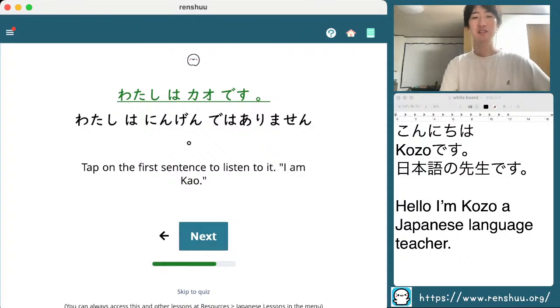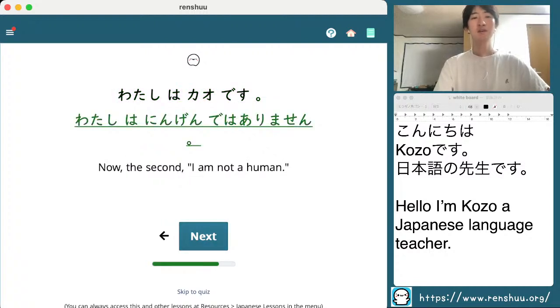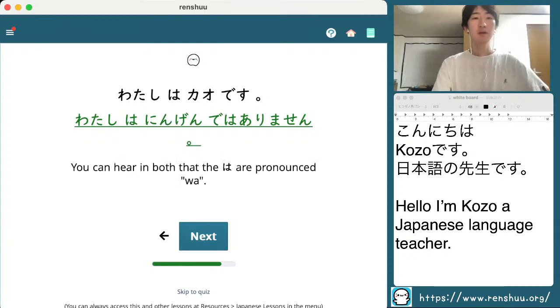Tap on the first sentence to listen to it. I am cow. I think you don't have to listen to it because I have said it many times. 私は顔です。私はモザです。私はベロニカです。私は人間ではありません。You can hear in both that the wa is pronounced wa.